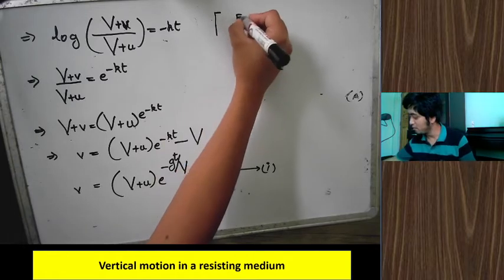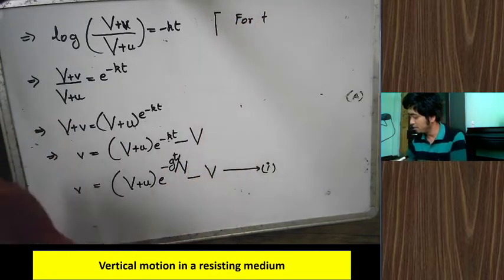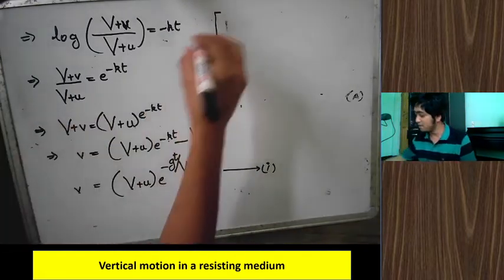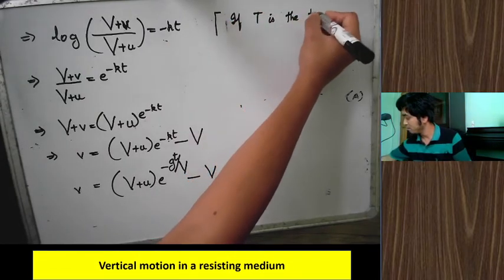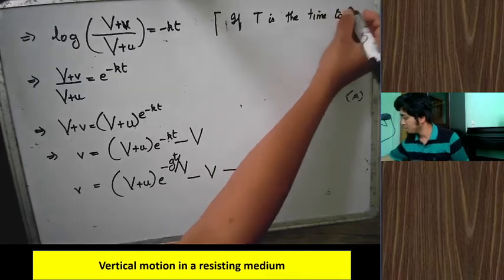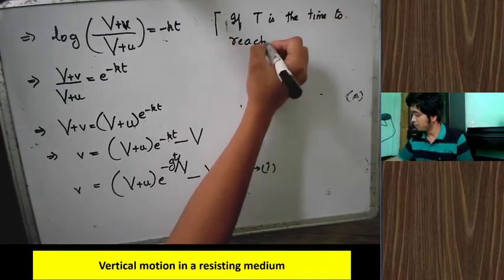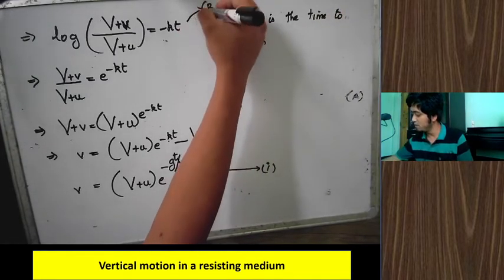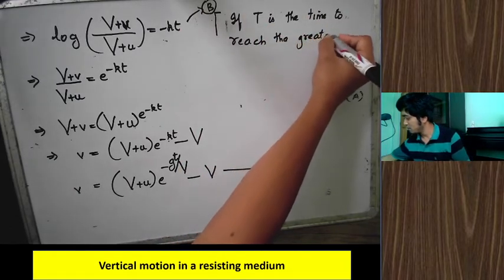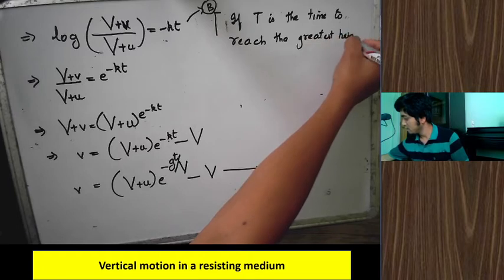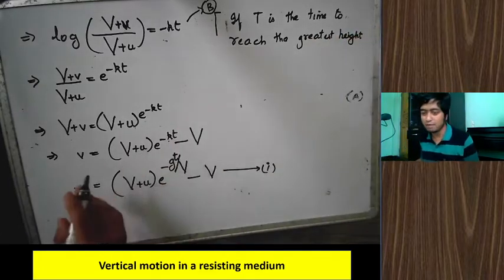Or, if t is the time to reach the greatest height, I will name this one as equation B. We can actually write this one to the side, doesn't matter.